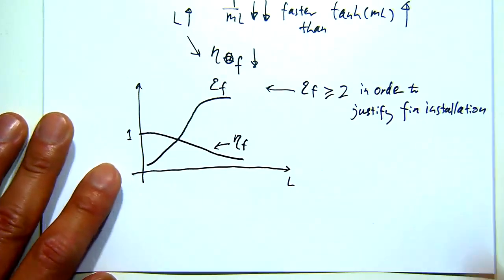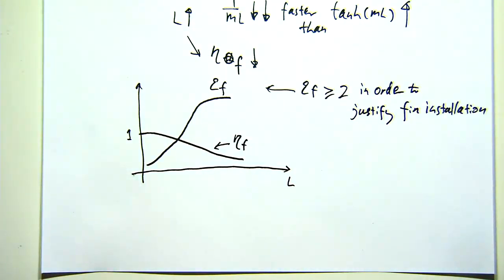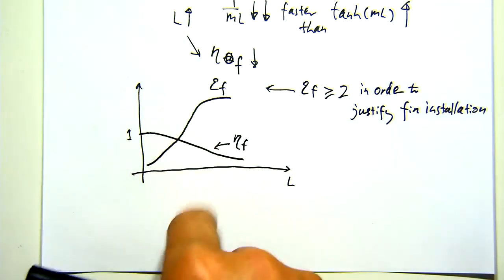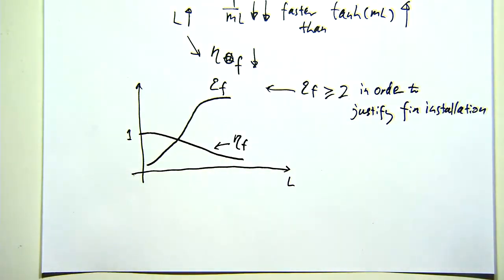But the point here mainly is that these two will vary in opposite ways. A longer fin will be a less efficient fin, although a longer fin will be more effective. Effective means the absolute amount of heat it will dissipate is going up. But for the additional length that you add, it will be less effective. So you can understand this as a diminishing return.